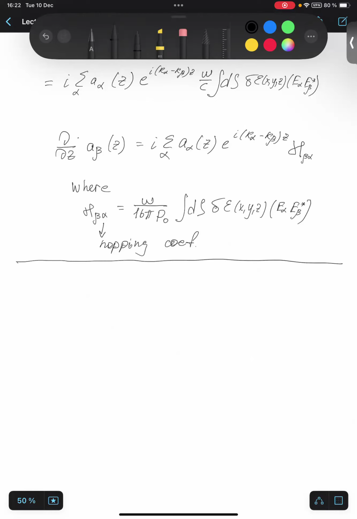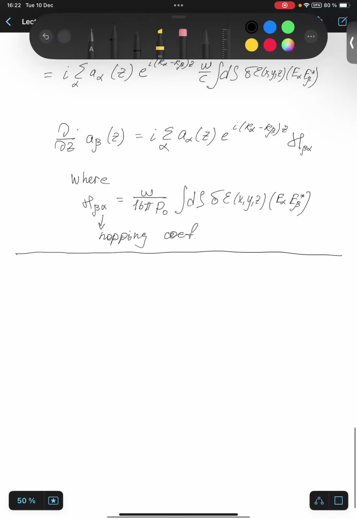Yes, maybe now we will consider another example. Maybe it will be more obvious. Let's consider for now two waveguides. First of all, we pump one of them and want to see how energy propagates in this situation, how the modes overlap, how the modes propagate in such systems.